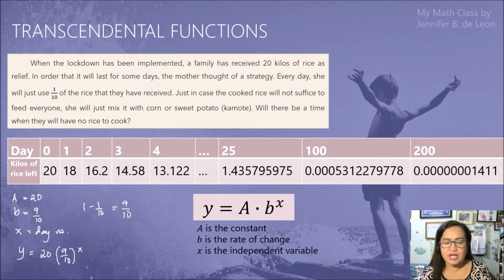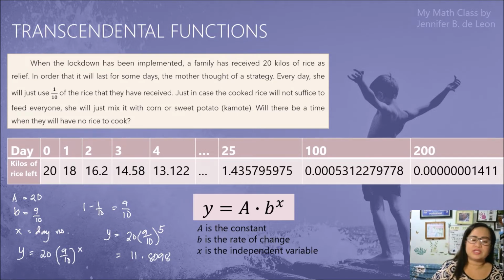We will have to solve for this. y equals 20 times 9 over 10 raised to the 5th power. Now using our calculator, that will give us 11.8098, or approximately 11.81 kilos of rice left.